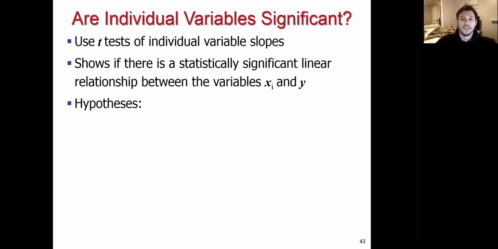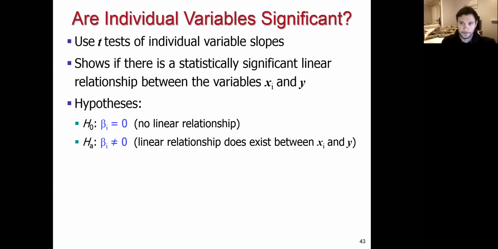So the null hypothesis is that we're assuming there is no relationship. We're going to assume that the actual B value is 0, and we're going to look for evidence against that. You'll note the form of the hypothesis structure here suggests we're going to be using a two-tailed t-test.